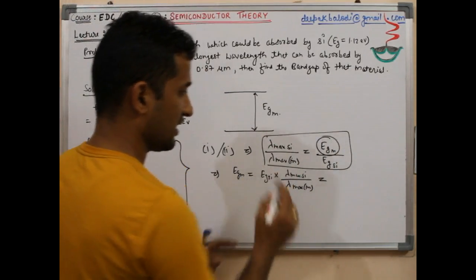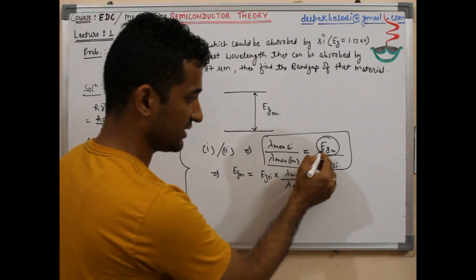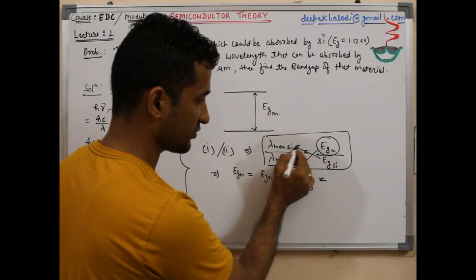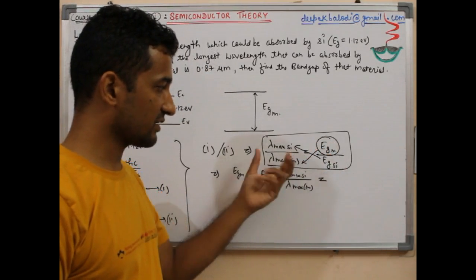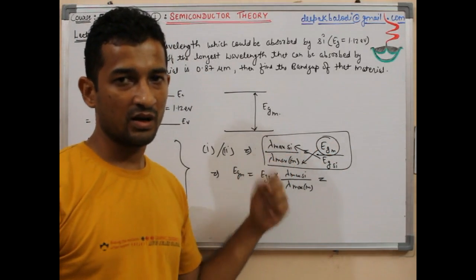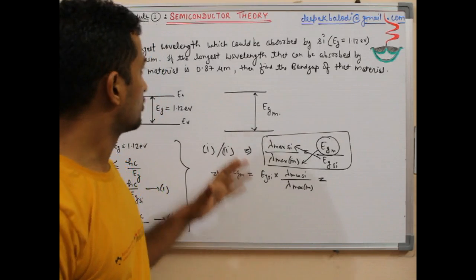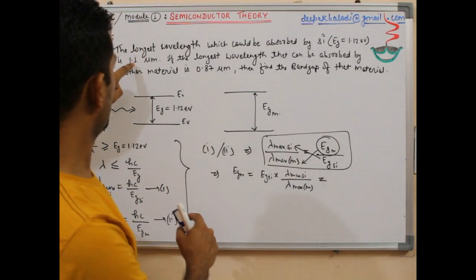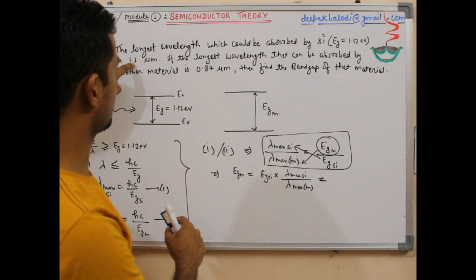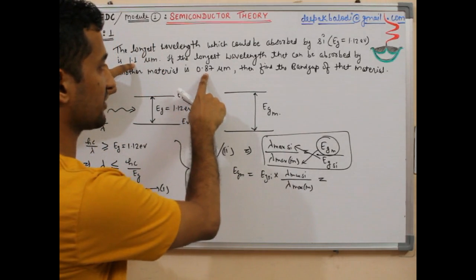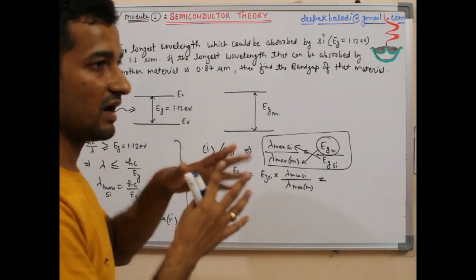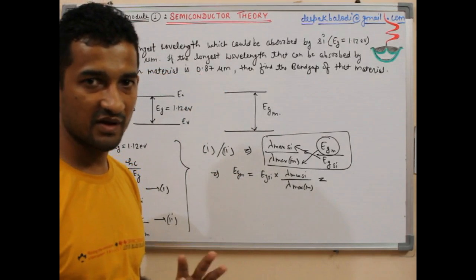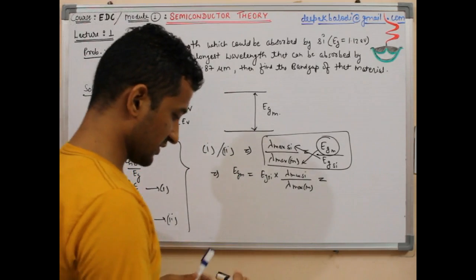You see, if the band gap is larger, then lower would be the lambda max. So in this case, the maximum wavelength for silicon is this, the maximum wavelength for that material is this. If this is lower, then we should expect a larger band gap. Let's see what comes from there.